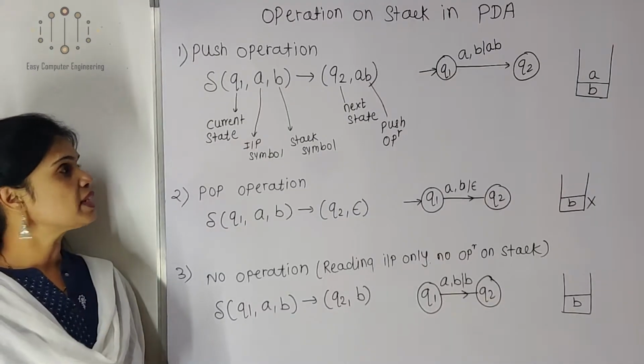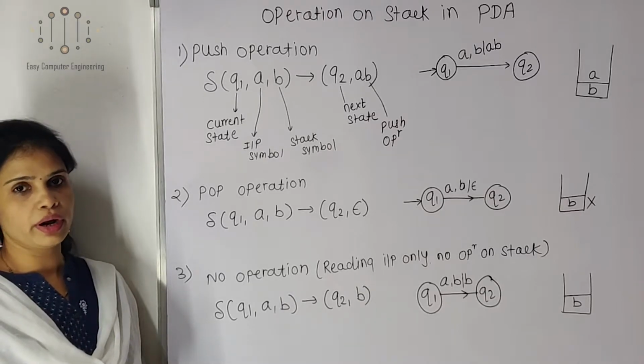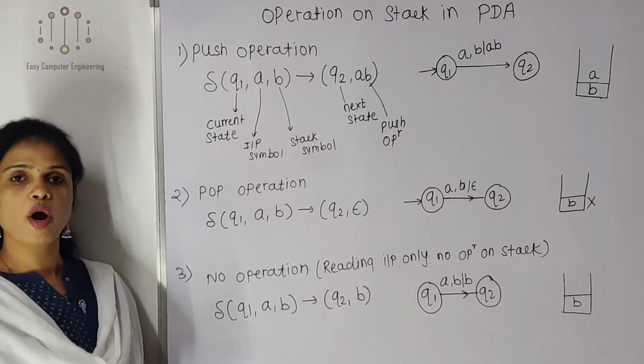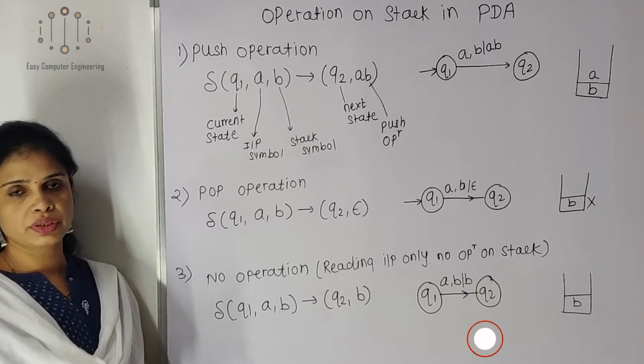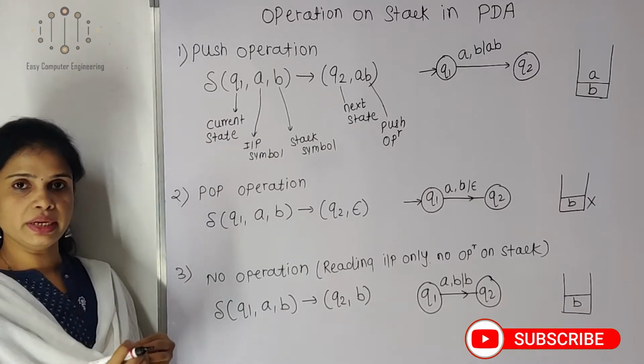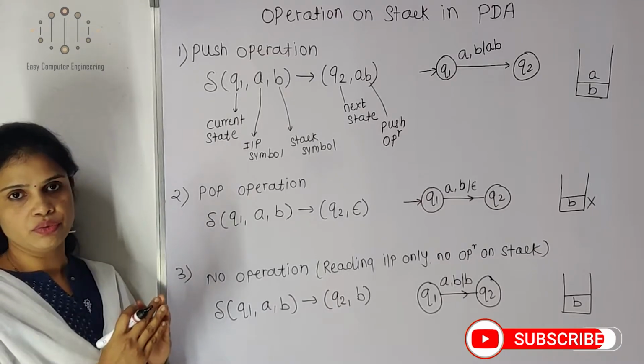Now here we will see different operations on a stack in pushdown automata. There are 3 operations: first is the push operation, then the pop operation, and no operation. In finite automata we saw how our transition function works on an input string.